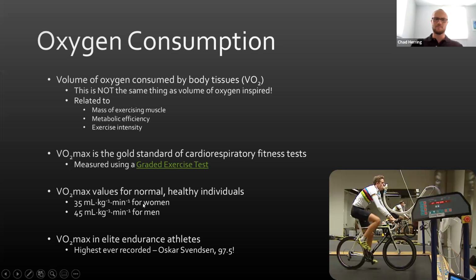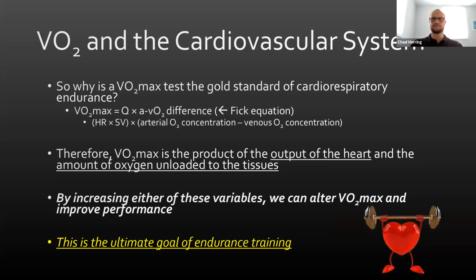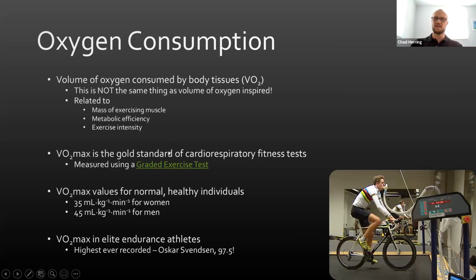There you can see some normal values, as well as the highest ever recorded, which is pretty ridiculous, but quite a big range. All right, so VO2 max in the cardiovascular system. Why did we talk about that? VO2 max is the gold standard for cardiorespiratory fitness tests.